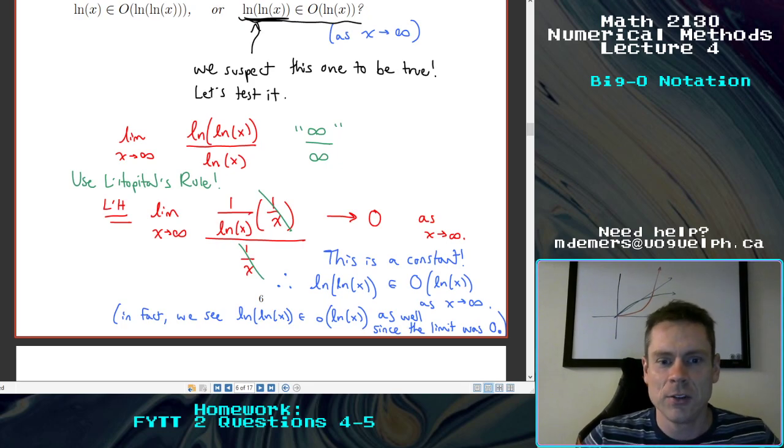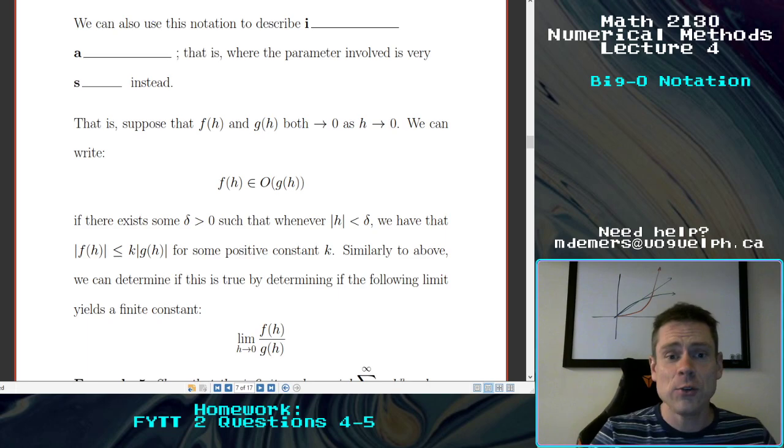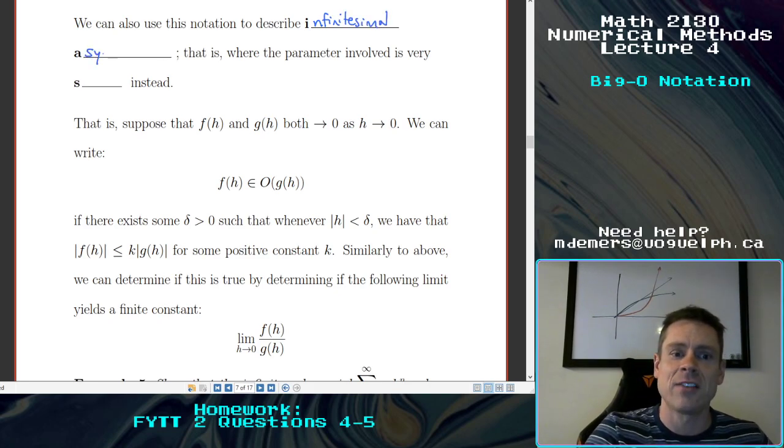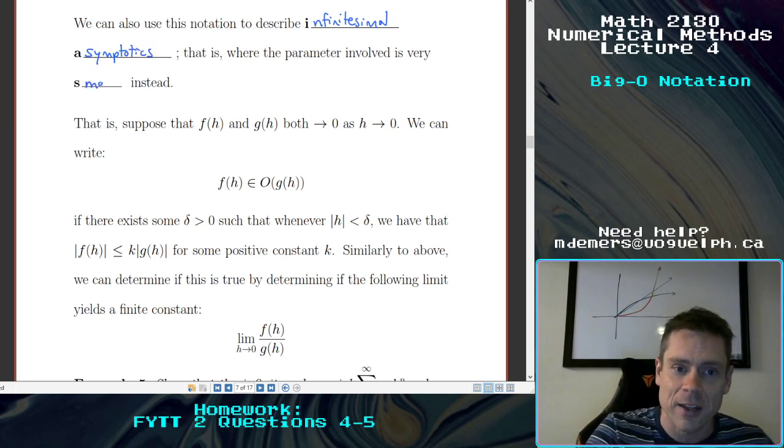All right, so let's see where else I'm going to go with this. Yes, we can also use this notation to describe infinitesimal asymptotics. So that is where the parameter involved is not getting very large, it's very small instead.